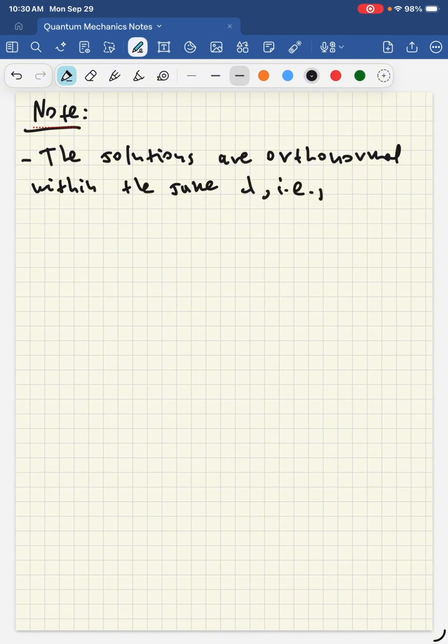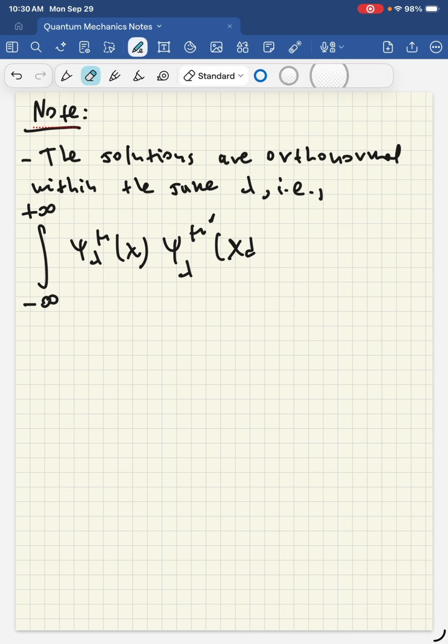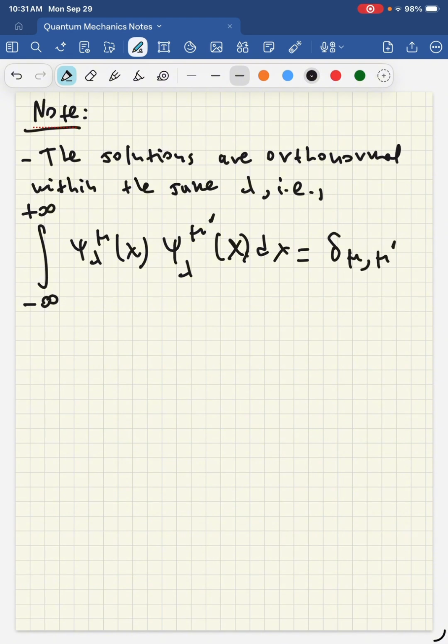So what I mean is that if we take the integral from minus infinity to plus infinity of y lambda mu of x times y, lambda should be the same, but mu can be different, of x, dx, this should be equal to the Kronecker delta of mu mu prime, okay? And why is that? Because lambda defines the potential for the Poschl-Teller case, okay?